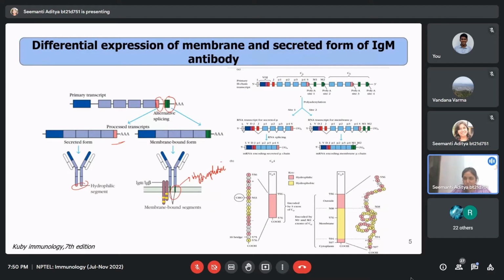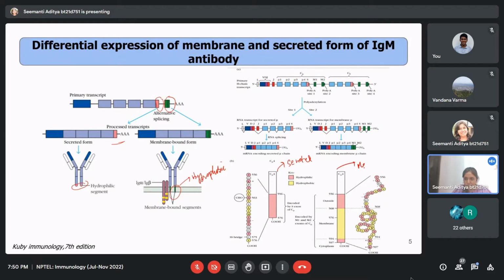So this kind of mRNA splicing will result in membrane bound and secreted immunoglobulin molecules. What kind of amino acid residues are they composed of? As expected, this stands for the secreted form of immunoglobulin, and this is the membrane bound form.